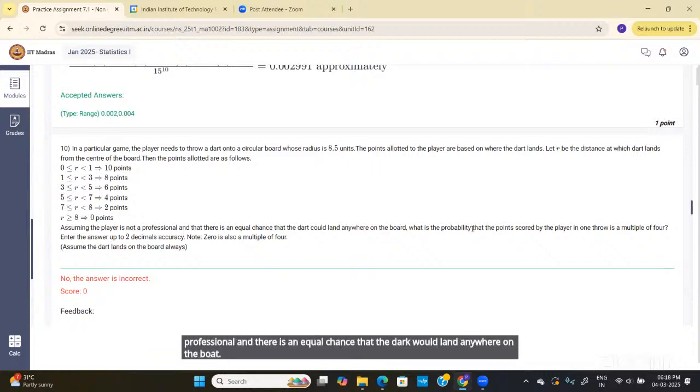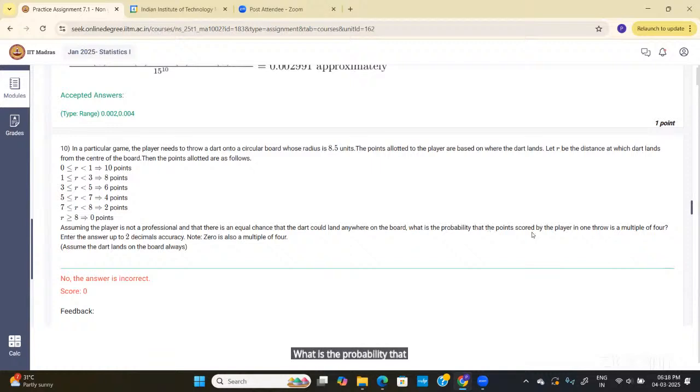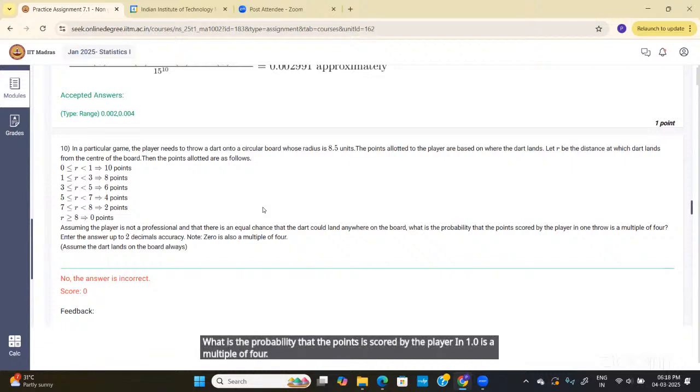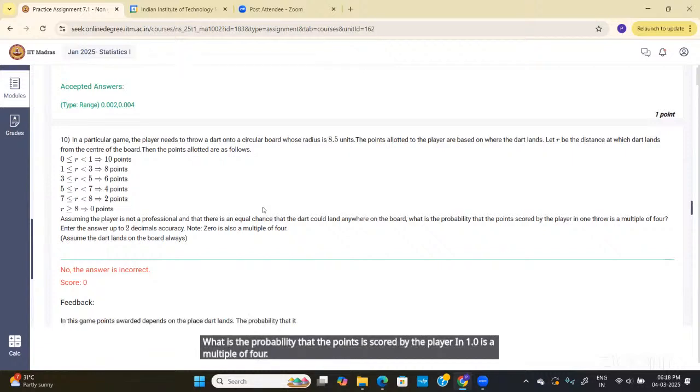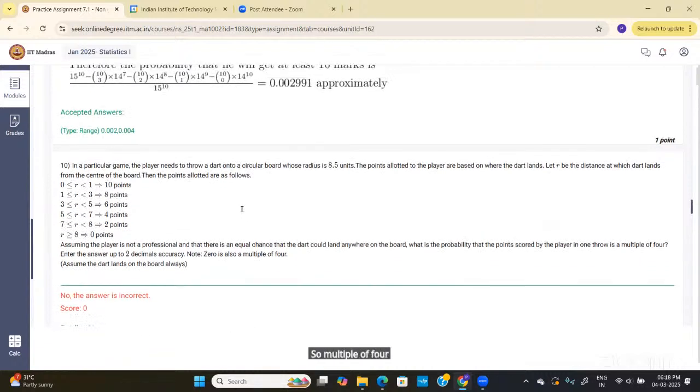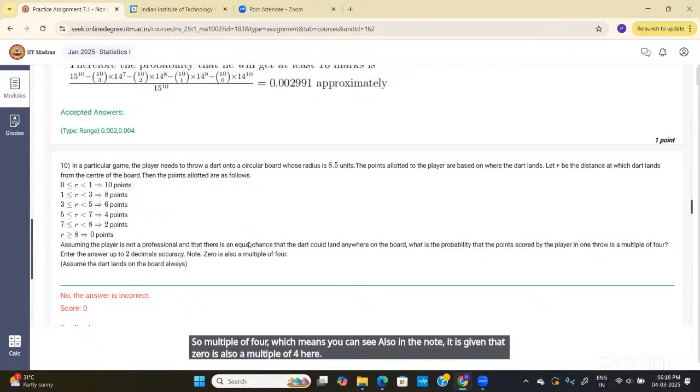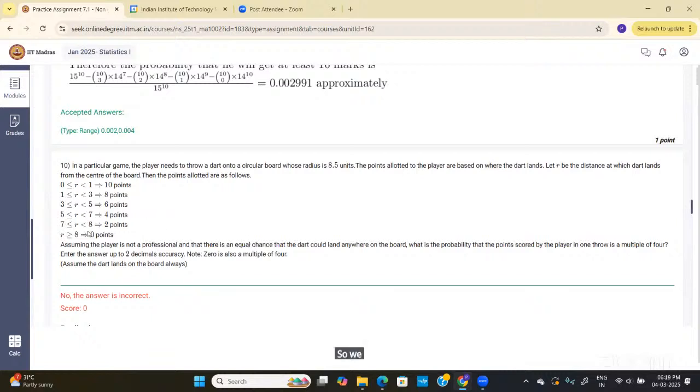What is the probability that the points scored by the player in one throw is a multiple of 4? In the note, it is given that 0 is also a multiple of 4 here. So we have to take these points, the 4 and 8.